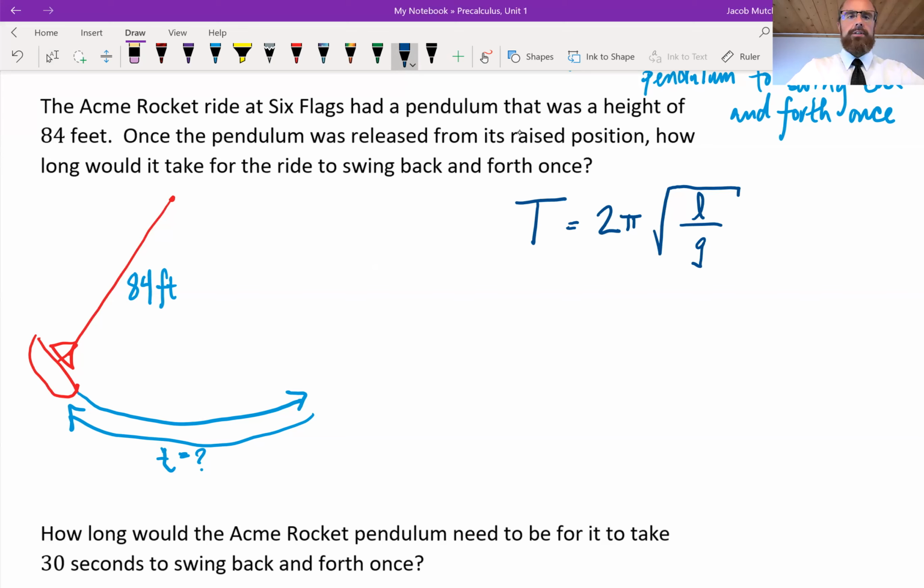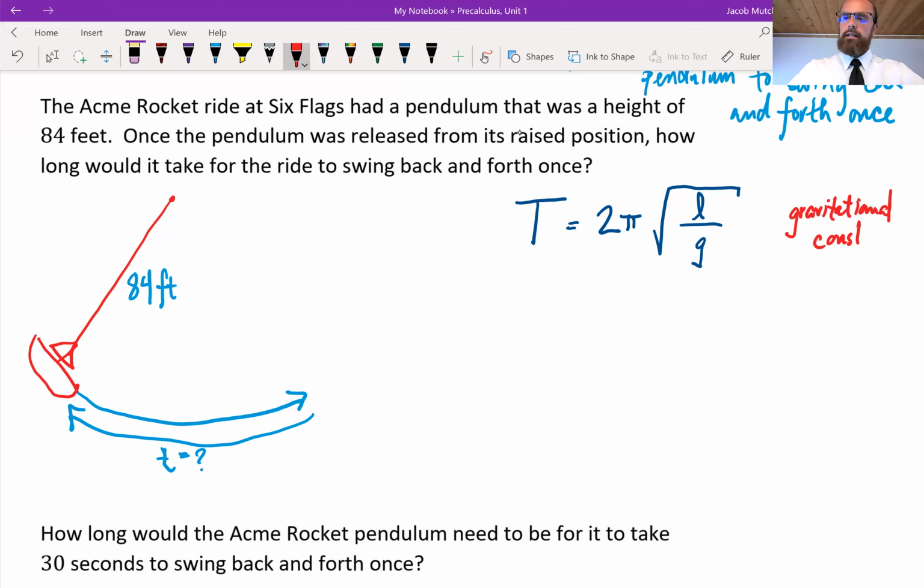Now, g is something that is a constant on our planet, and what we call it is the gravitational constant due to gravity. Kind of in the name, gravitational constant.